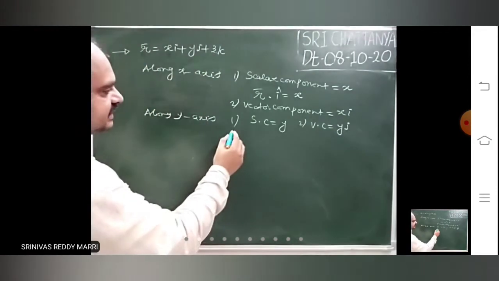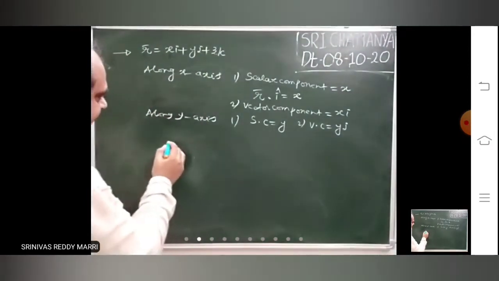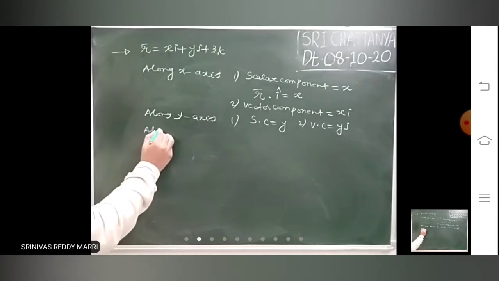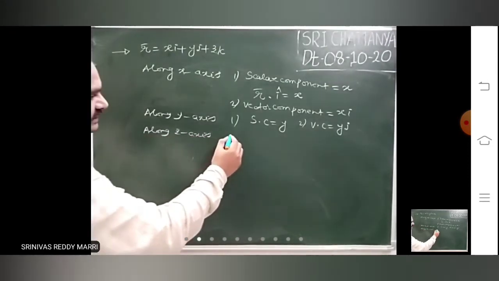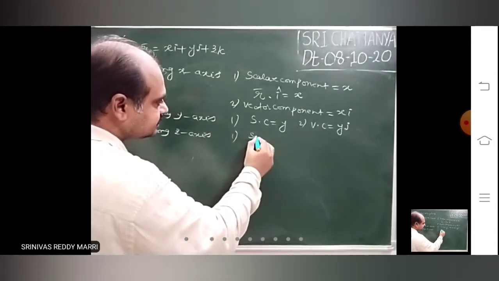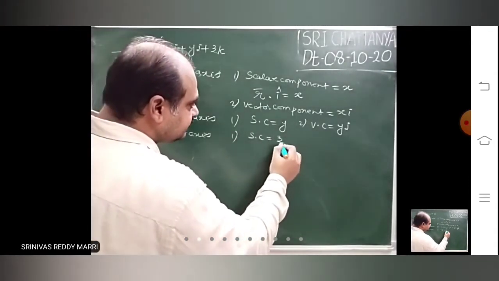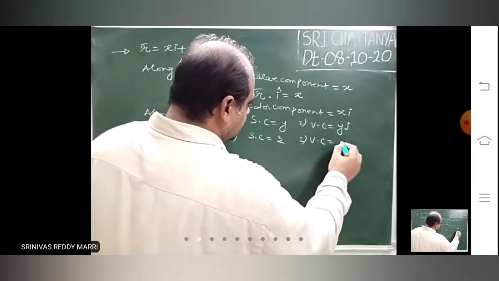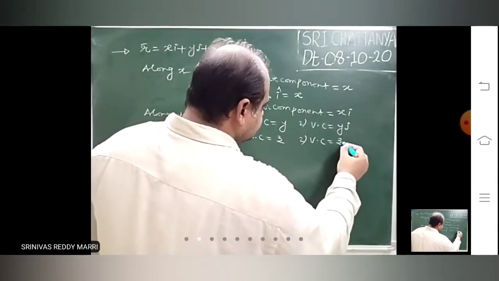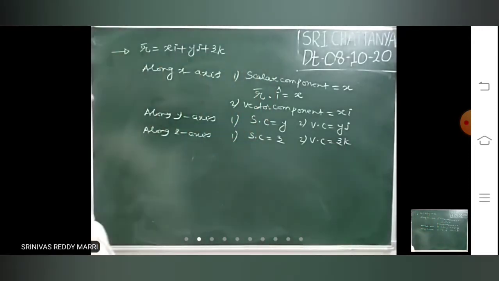So this is y into j. Next, along z-axis. Number one, scalar component is nothing but z. Number two, vector component is nothing but zk.